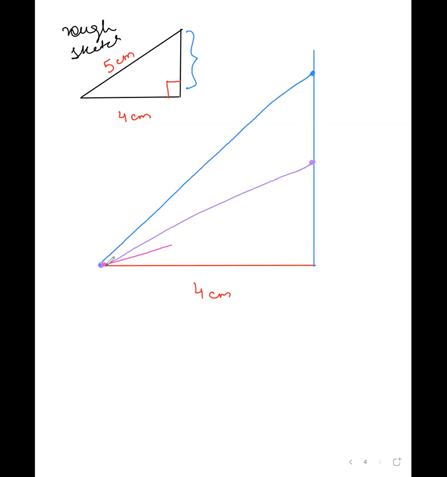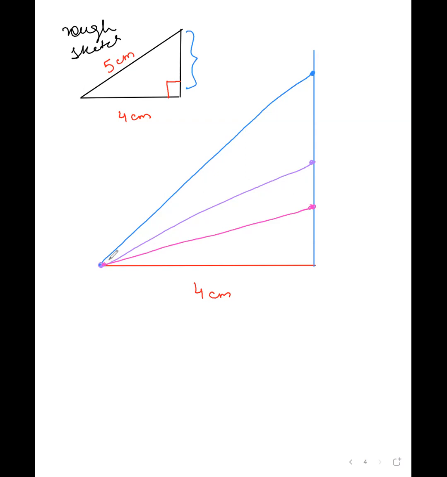The purple one is 5 centimeters. How do you know? You haven't measured it. We can just measure and then tell.